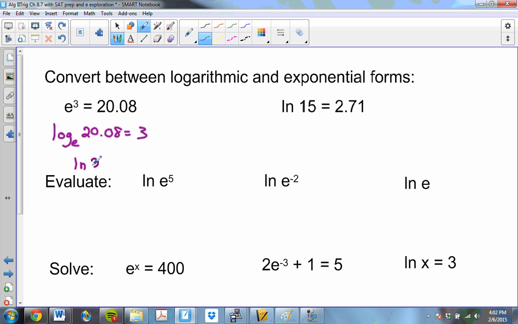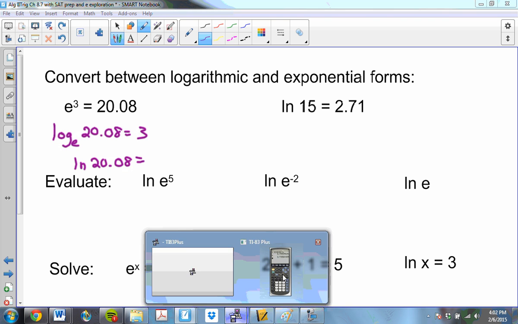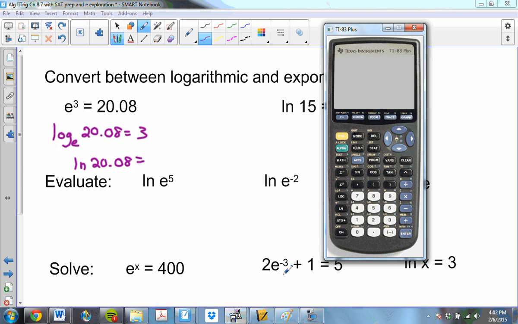Log base E is really ln of 20.08. And you'll notice if I type into my calculator the ln button, which is right beneath the log button, if I do the natural log of 20.08, I get 3. I had to round a little bit, but it's 3. That's because E to the third is 20.0855.